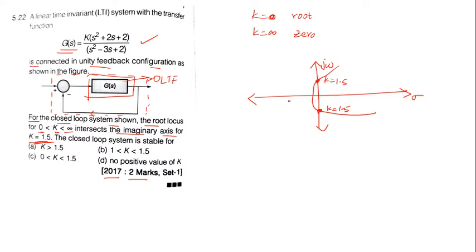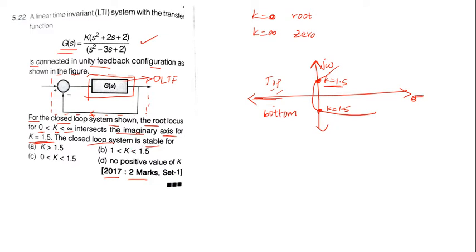Okay, it's a mirror image. With respect to the real axis, it is always a mirror image. Whatever is in the top will be on the bottom also. That is a mirror image with respect to the real axis, the sigma axis. Okay, so at this point, this is the imaginary axis. When this root locus hits the imaginary axis, the value of k is 1.5.